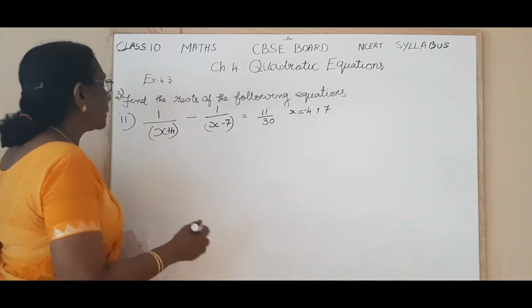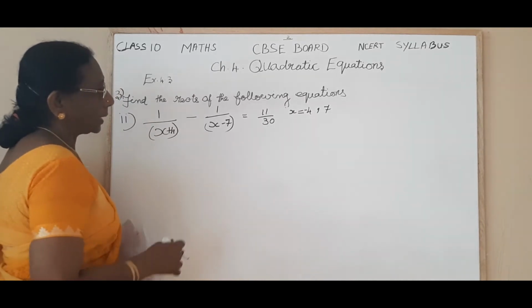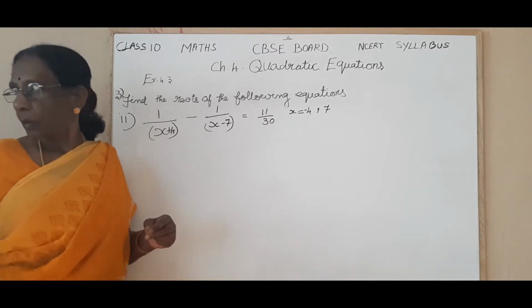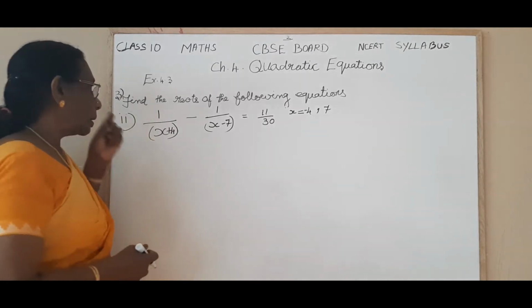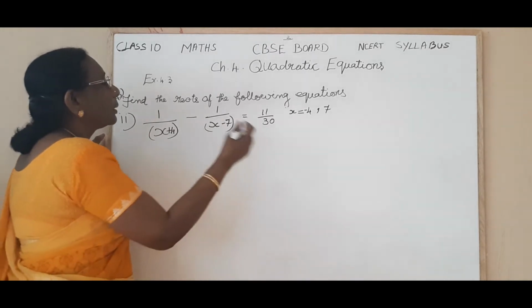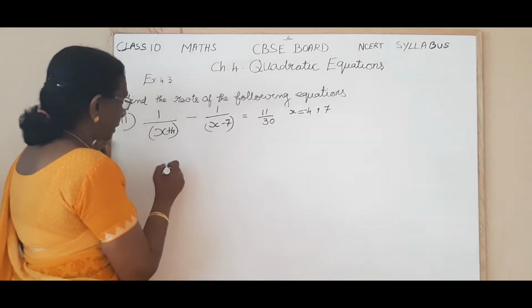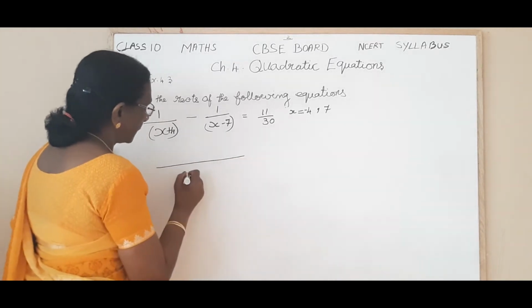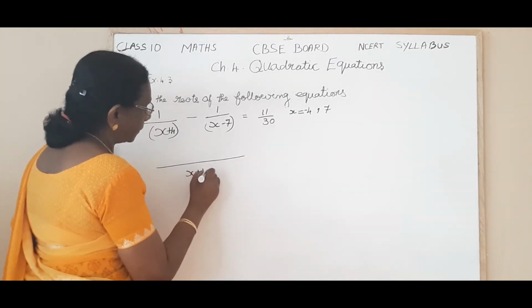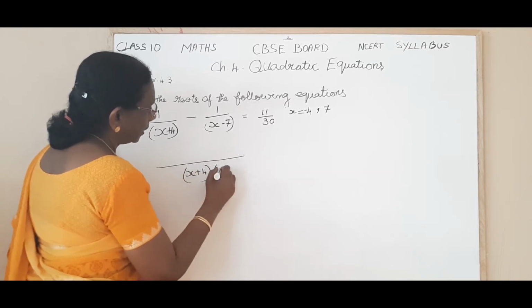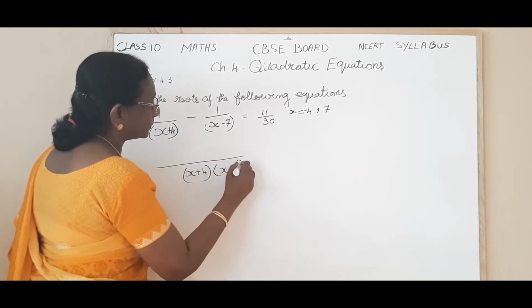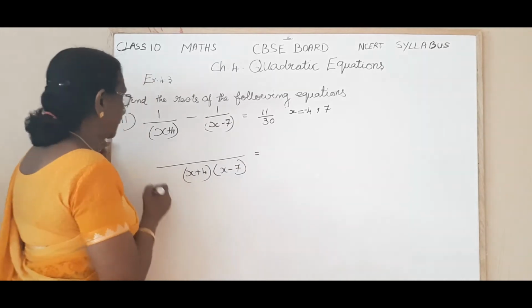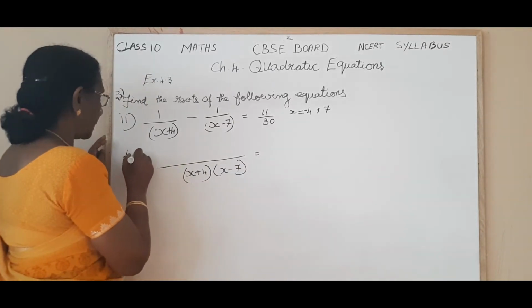Okay, and now for this you have to take the LCM. LCM is what? You have to take this x plus 4 into x minus 7 is equal to taking LCM.